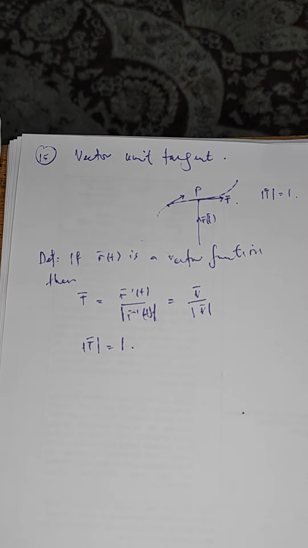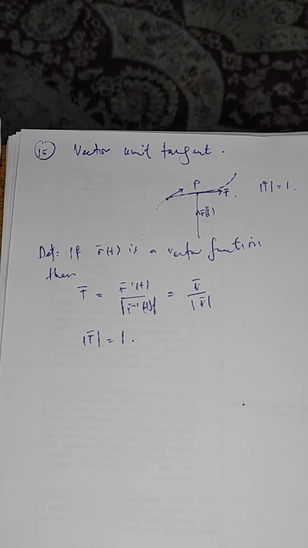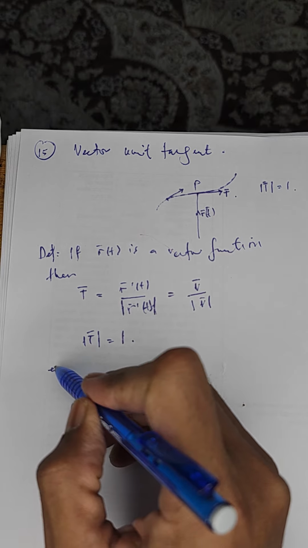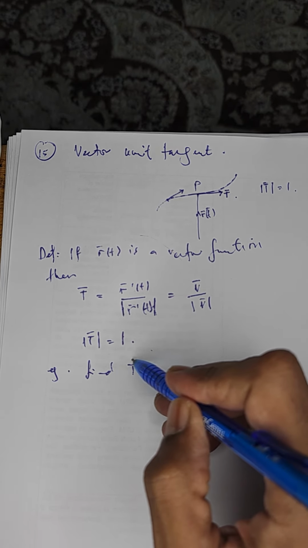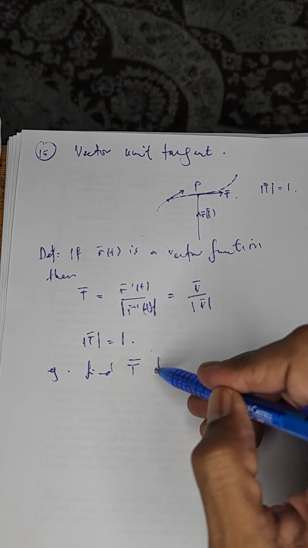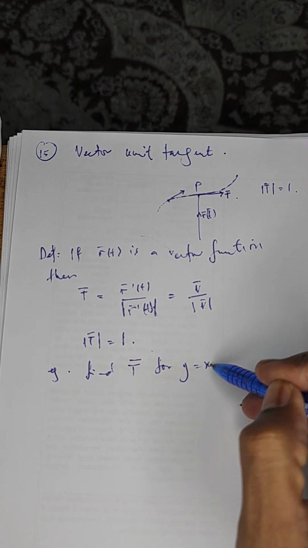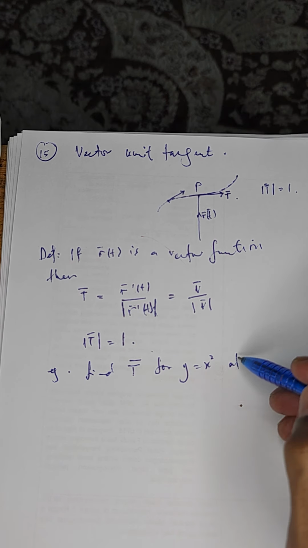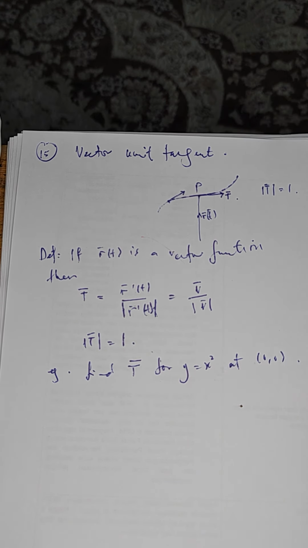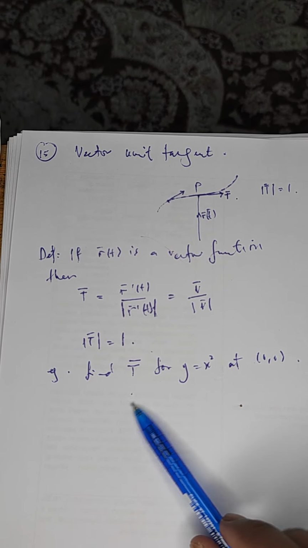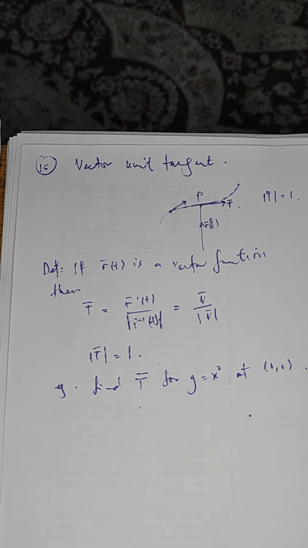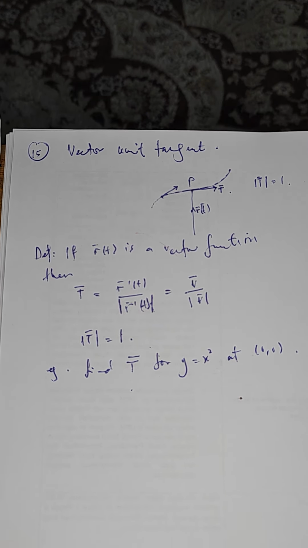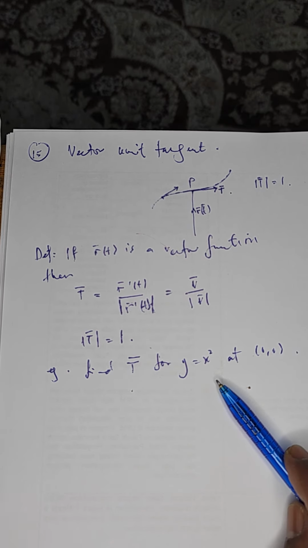Okay, as a simple example, find T for y equal to x squared at 0, 0, at the origin. If you look at this unit tangent, this is a vector, whereas the function given here is a scalar function.